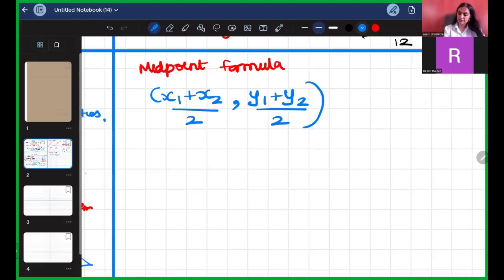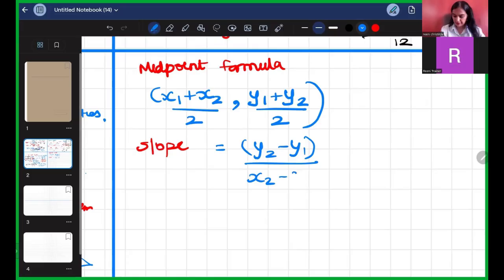Now, when 2 points are given, how do you find the slope? The slope we get by the formula y2 minus y1 by x2 minus x1, right? This is the slope when 2 points are given.